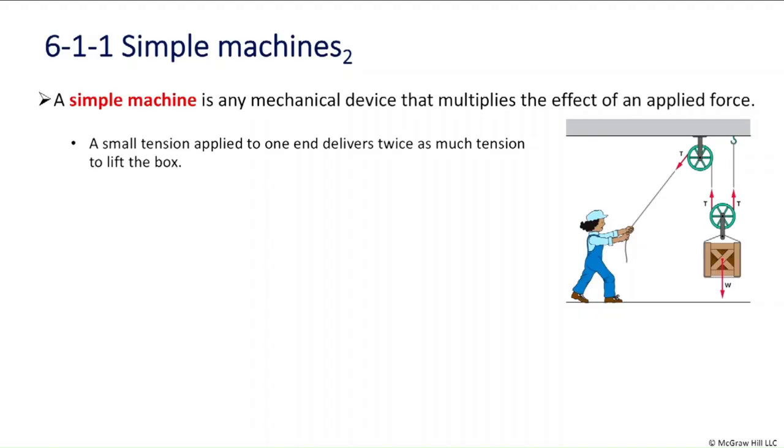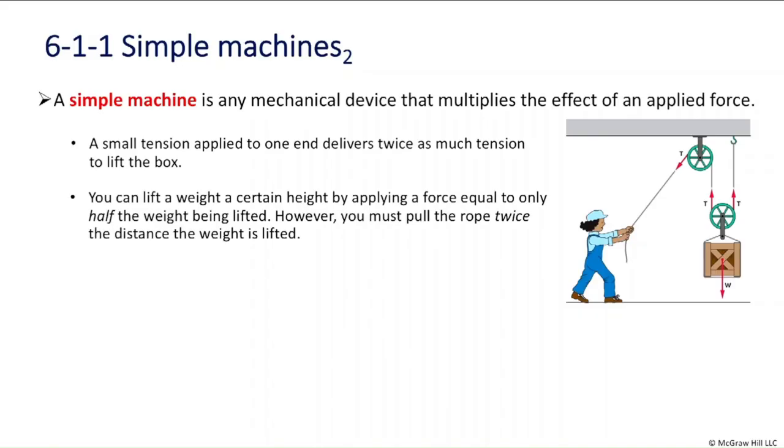For example, in this system, you can lift a box a certain height by applying a force equal to only half of the weight of the box. But there's a trade-off. You have to pull the rope twice the distance that the box moves. So if the box moves a distance of x, then you have to pull the rope a distance of 2x.